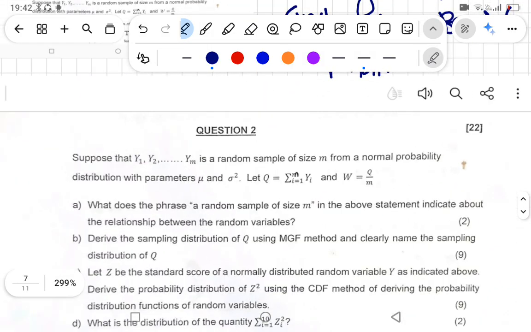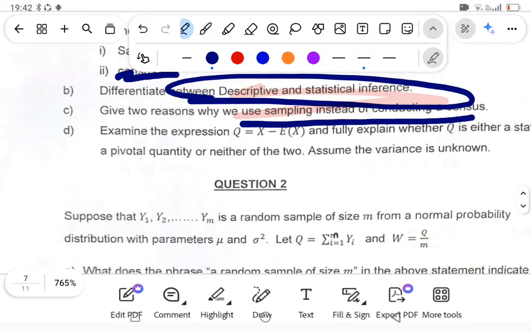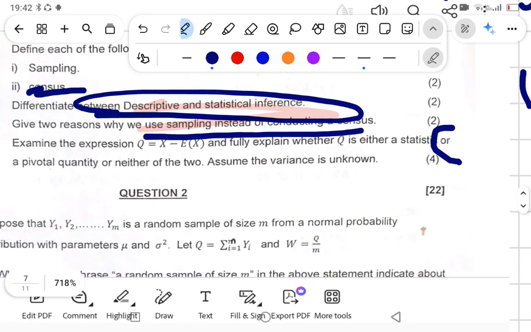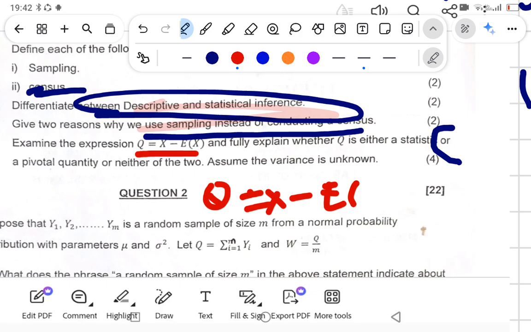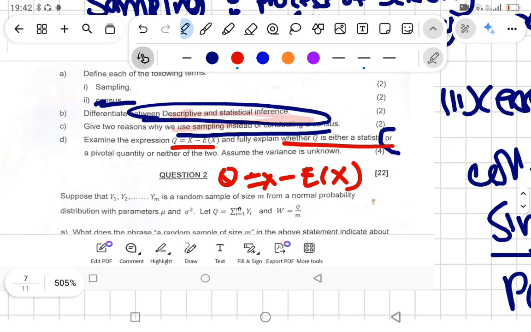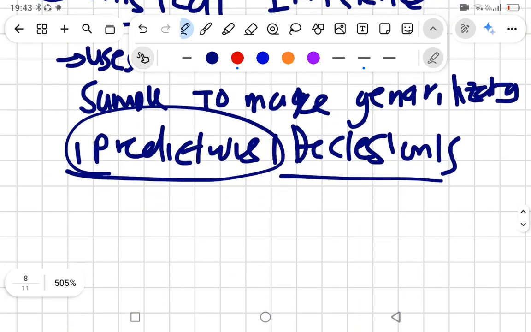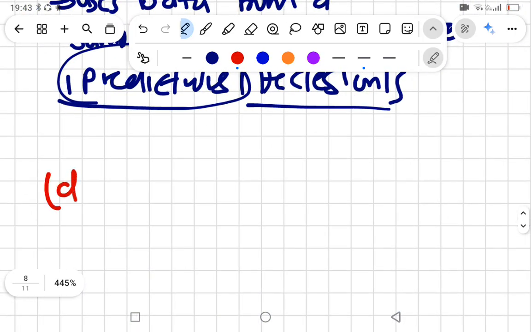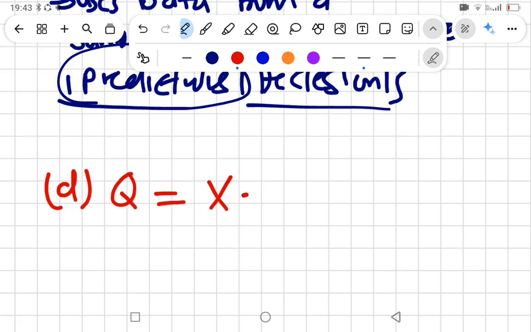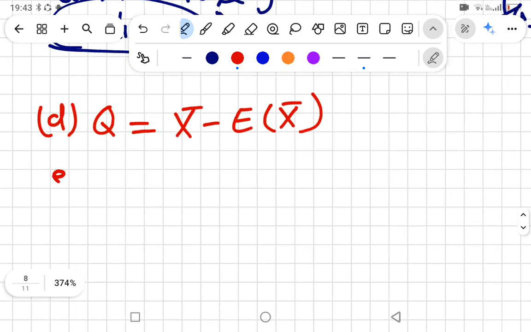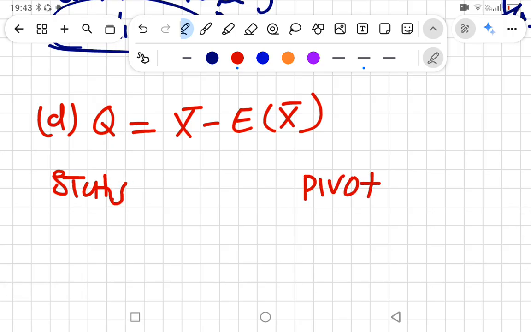They were saying examine the expression Q equal to X bar minus E X bar and explain whether Q is a statistic or a pivot. Assume the variances are known. So analyzing this, we must choose whether it's a statistic or a pivot.